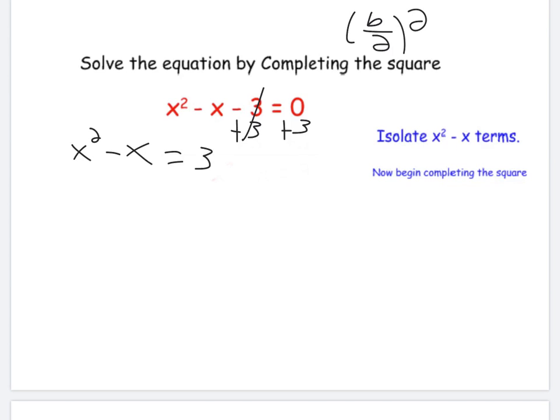So my value of b is -1, so it's -1 over 2 squared. A negative squared is a positive, and 1/2 squared is 1/4. So I'm adding 1/4 to both sides. So I'm going to say x squared minus x plus 1/4 equals 3 plus 1/4.